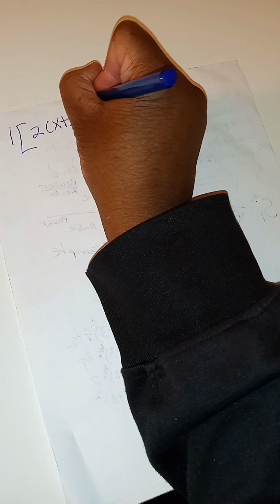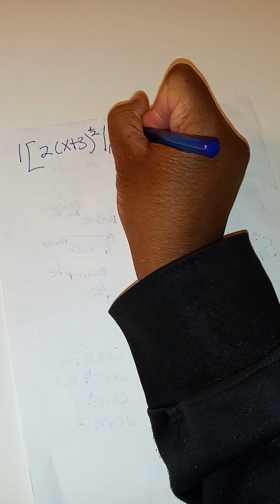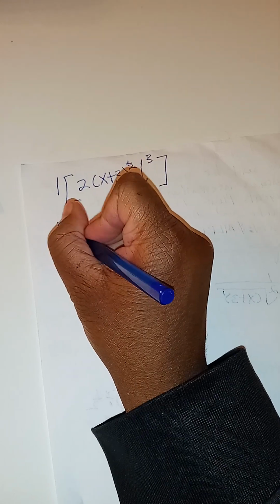So 1 times 2 times x plus 3 to the 1/2 power from 1 to 3. So we're going to plug 3 in first into the equation.